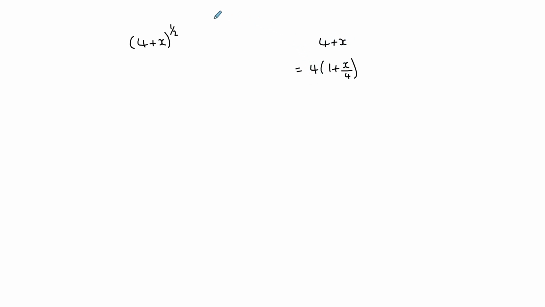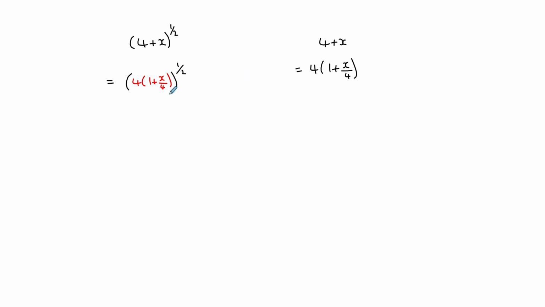So what I can do now is where these brackets are, I can replace the 4 plus x with 4 bracket 1 plus x over 4. So we've got this.